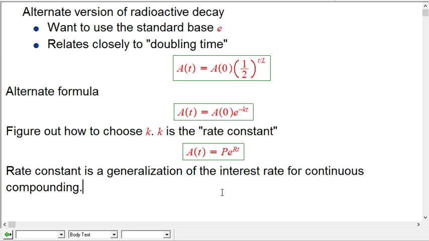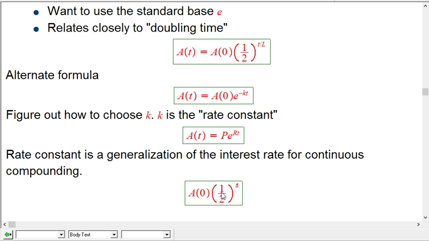We're just going to set these formulas equal to each other. A of 0 times 1/2 to the t over L equals A of 0 times e to the minus kt. This is supposed to be true no matter what A of 0 is and whatever t is.